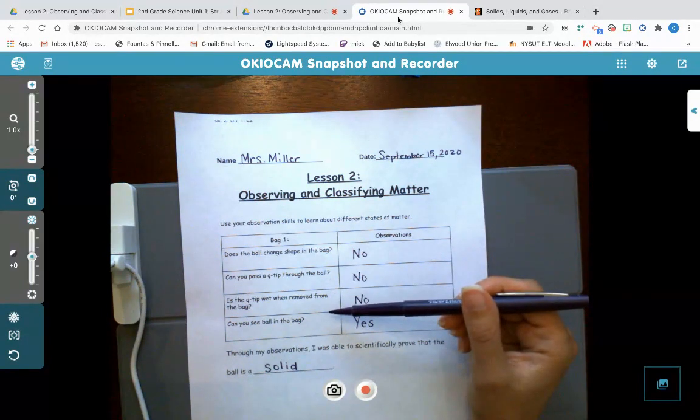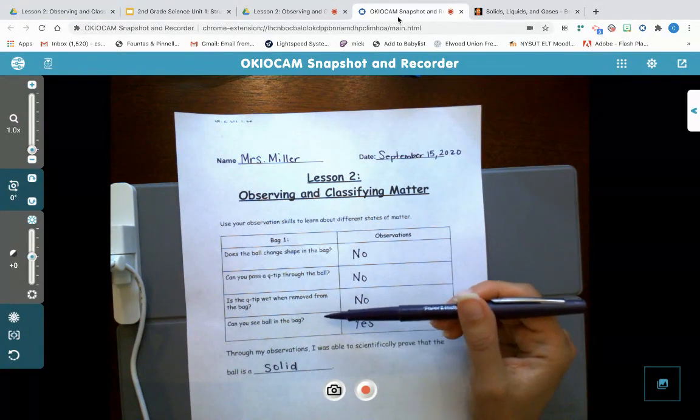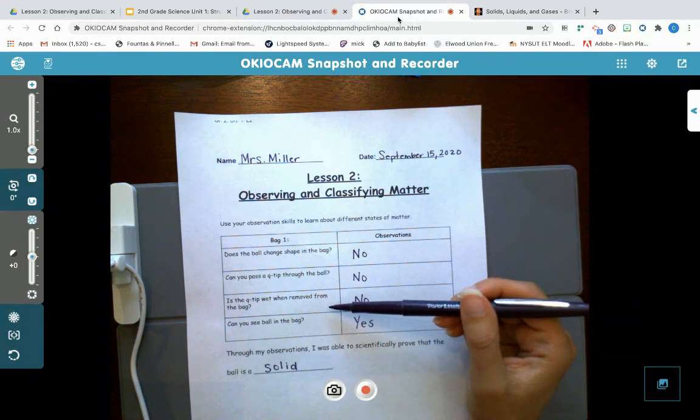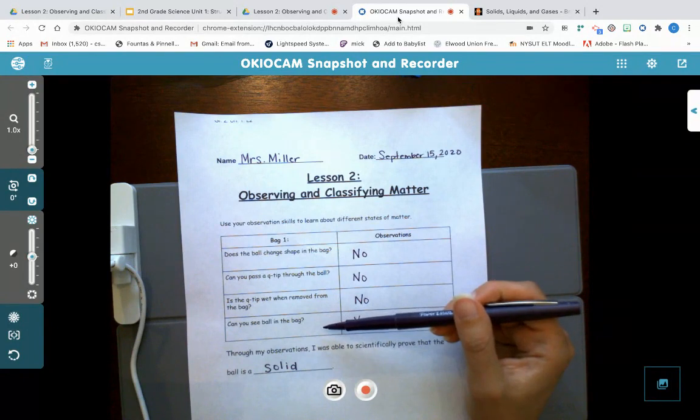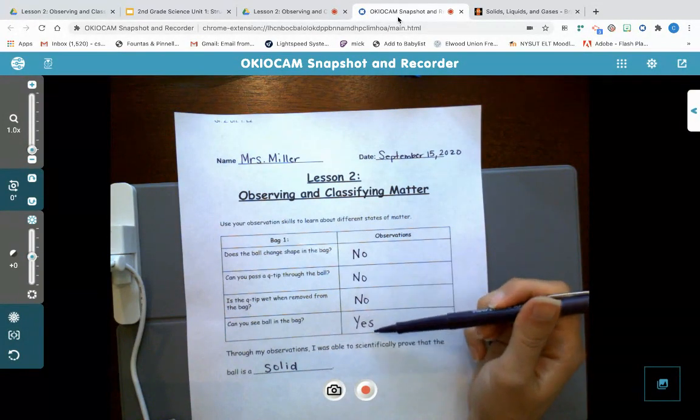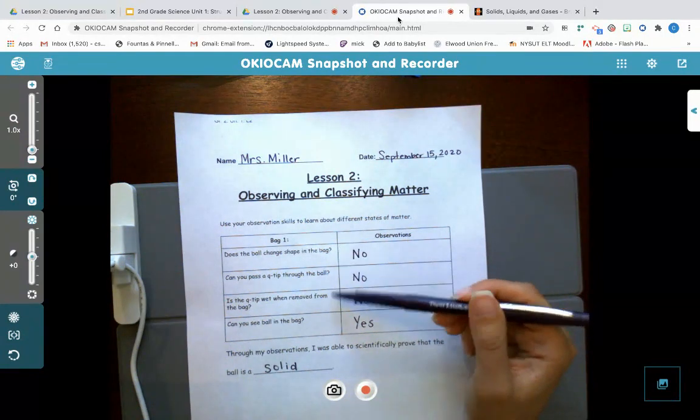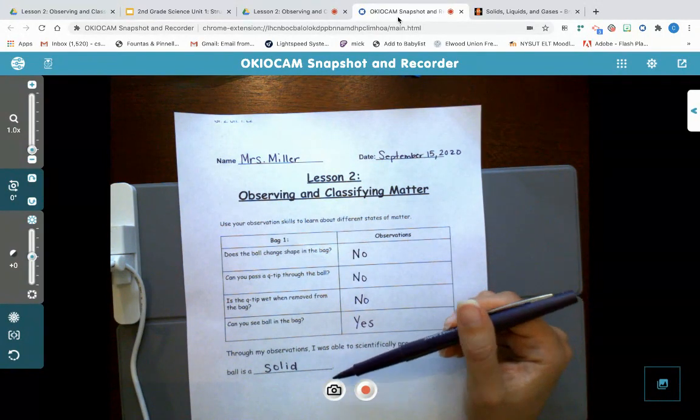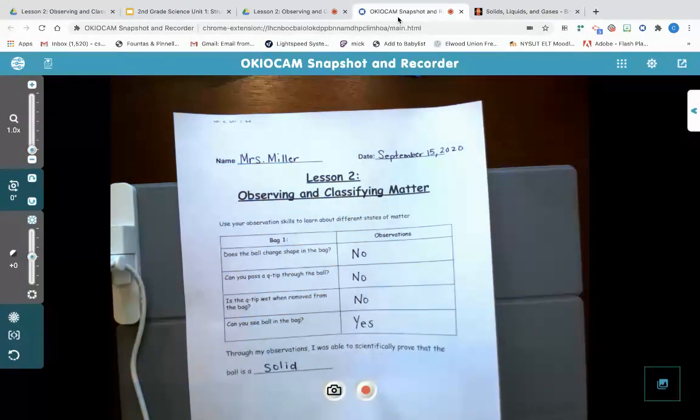When I pulled the Q-tip out, it wasn't wet like it would be if it was a liquid. So I know it can't be a liquid. And I can see it. So after examining all of these questions, I am able to prove scientifically that the ball is a solid.